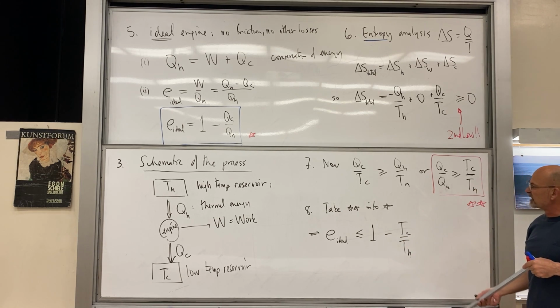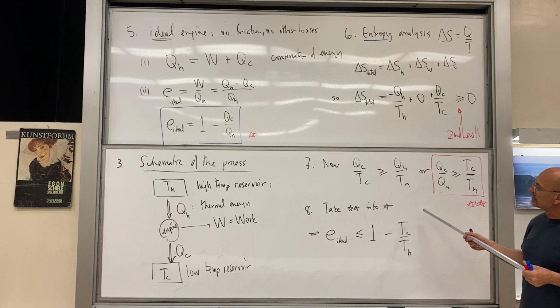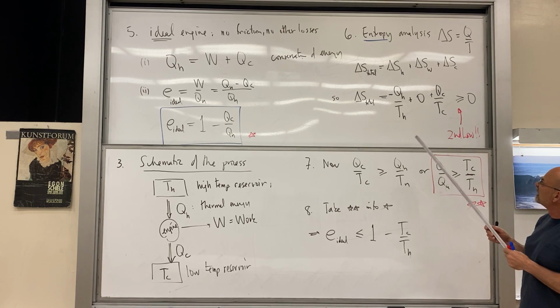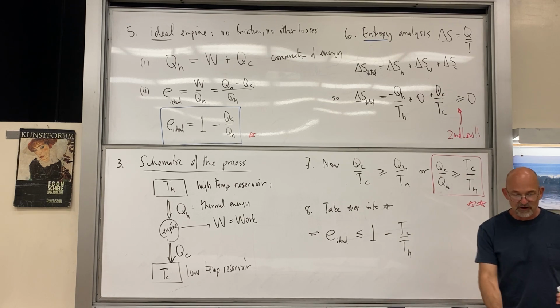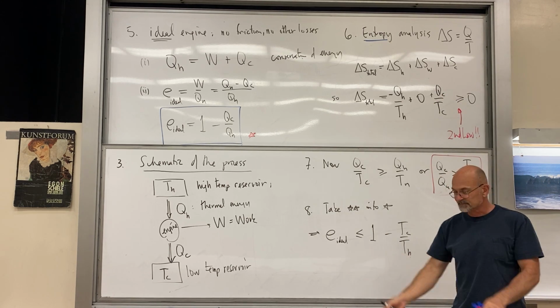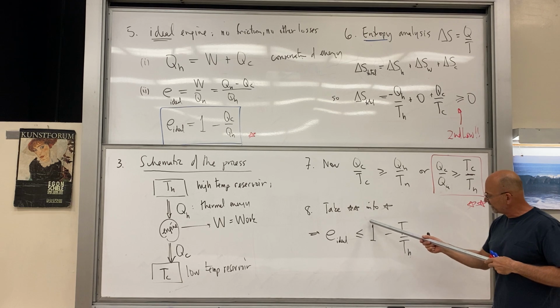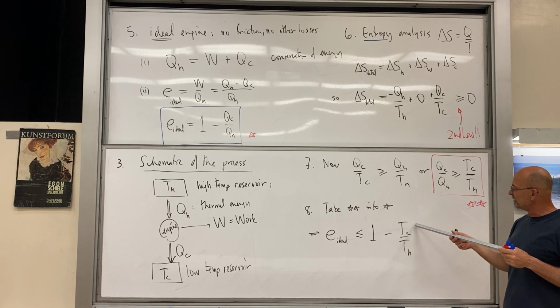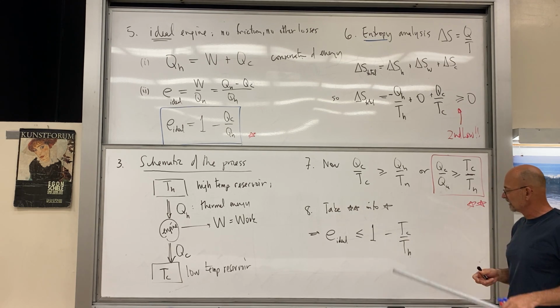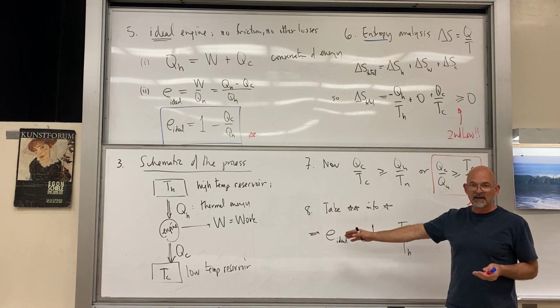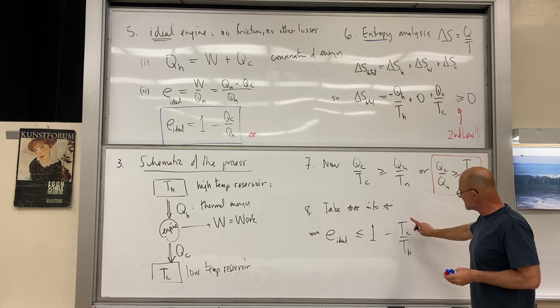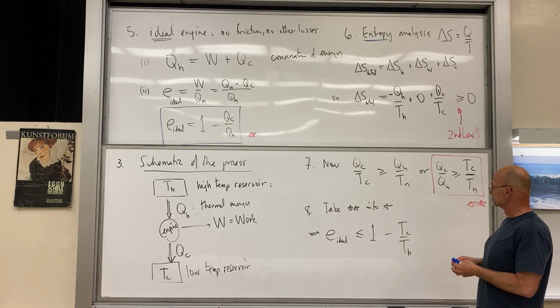But it's also kind of amazing that just based on the second law of thermodynamics, based on the fact that energy flows from hot to cold, we can make this kind of a statement about the efficiency of a heat engine. And this is the absolute limit in efficiency. It simply depends on these operating temperatures.